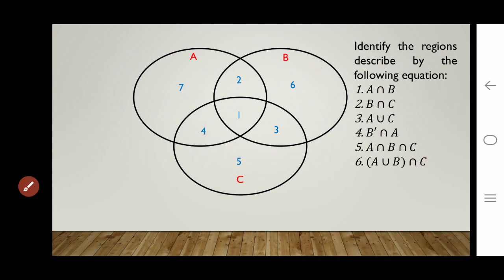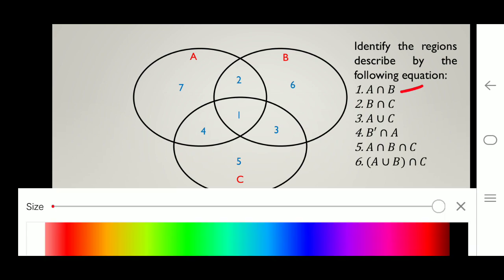So, dito naman tayo. Halimbawa, meron na tayong 3 event. And then, may mga region na may intersection sa kanila. So, our problem, identify the regions described by the following equation. Number 1, we have A intersection B. Pag sinabing intersection, di ba yung elements in common? Kino-consider natin ito si event A. Ito yung sakop niya, yung region niya.